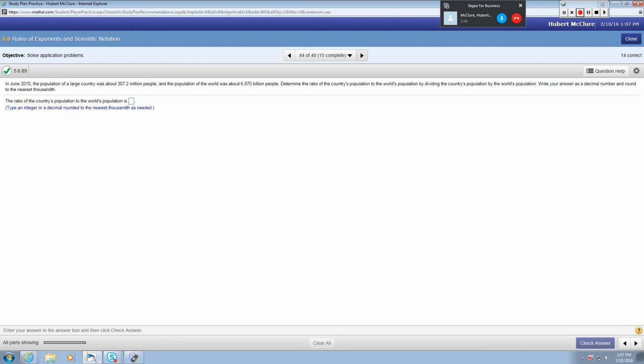Dividing the country's population by the world's population. The country's population is 307.2 million, divided by 6.87 billion.